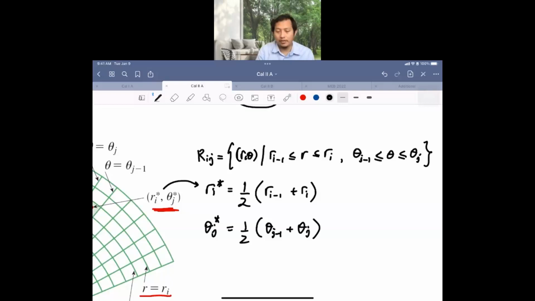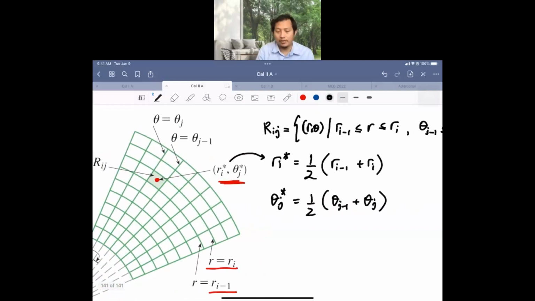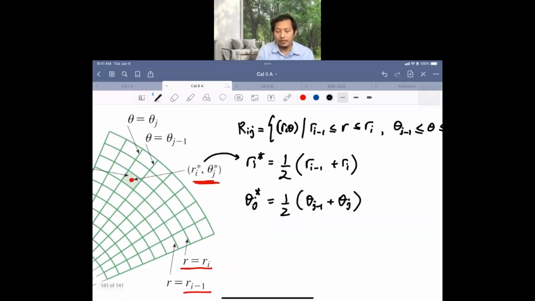Now if we take the area of this rectangle, we could write the delta A for that small rectangle.